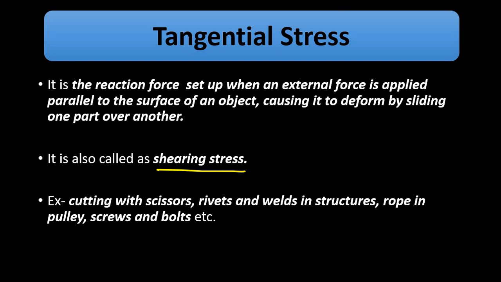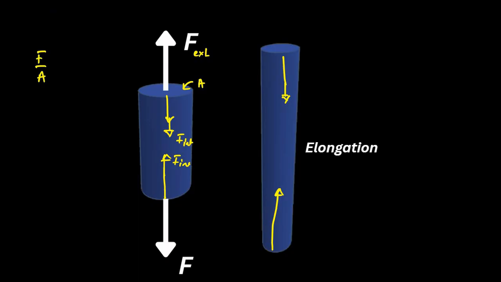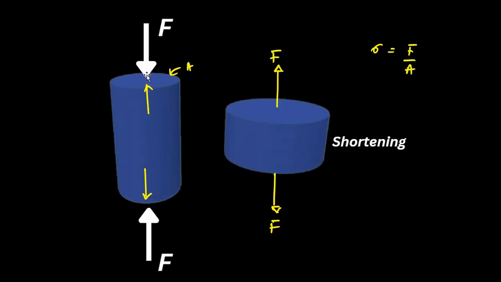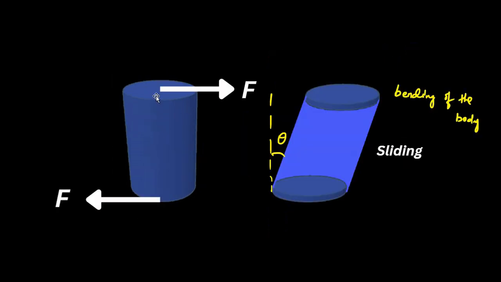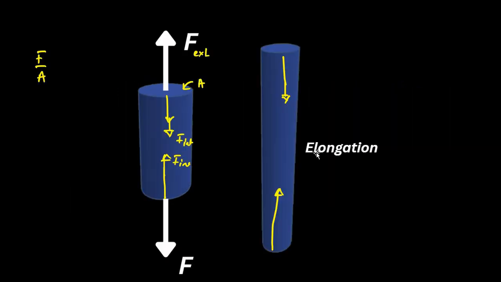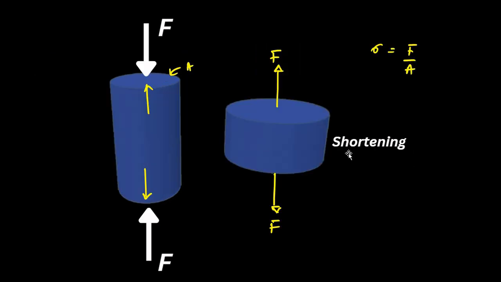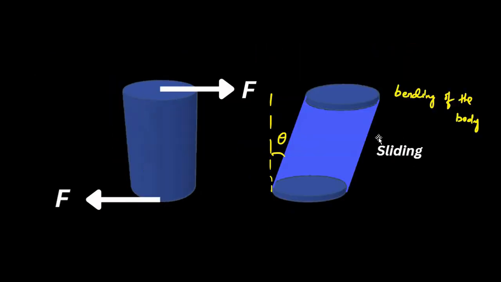In tensile and compressional, force was acting perpendicularly on the surface. Here it is acting parallelly to the surface. In tensile it was causing elongation, increase in length. Here shortening, decrease in length. Here sliding, of one face over the other, causing bending of the material.